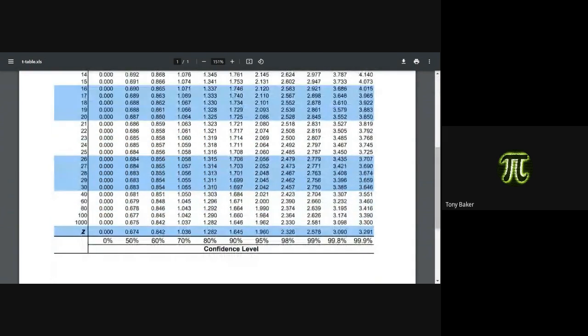If you go all the way to the very bottom, it's 1.645. In this case, I'm rejecting, because the Z I got is bigger than the Z on the table.